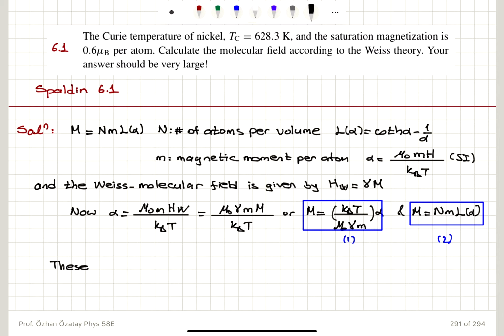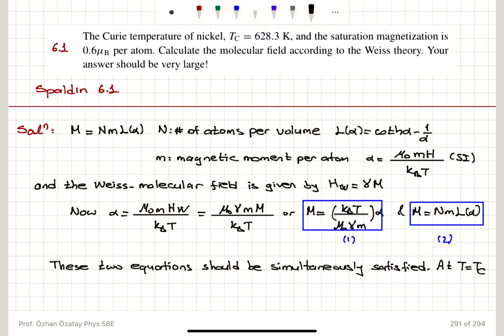These two equations should be simultaneously satisfied, and at the critical temperature, the Curie temperature, T is equal to Tc, we know that the only stable solution is magnetization equals 0.